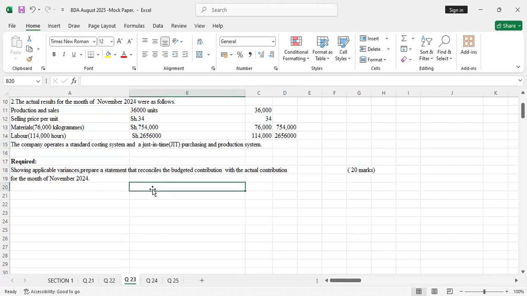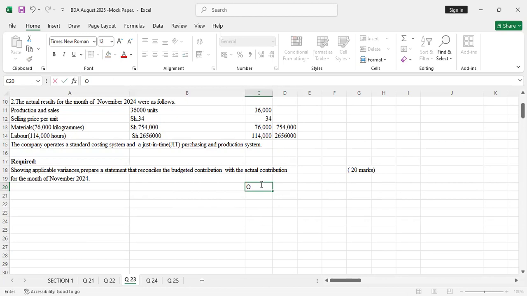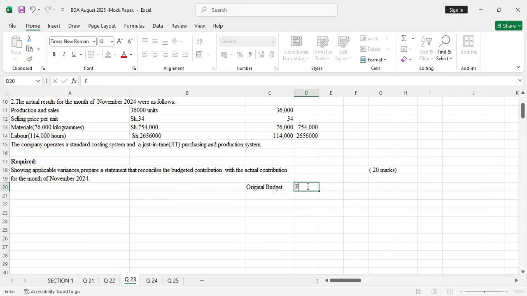So the first we'll have the original budget. Then we will flex the original budget, and we are supposed to have the flexible budget here.